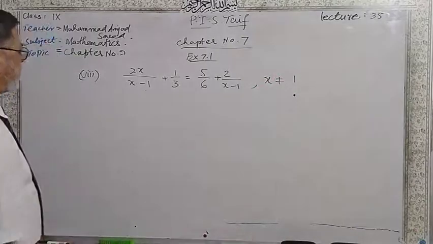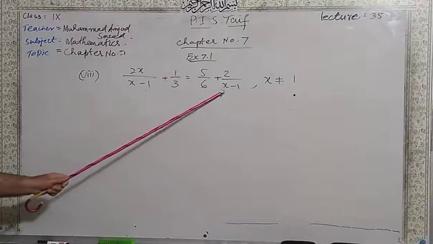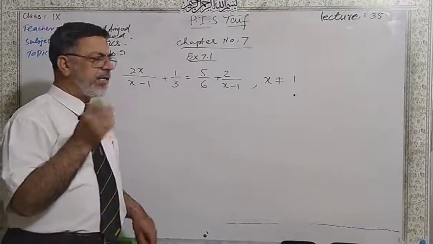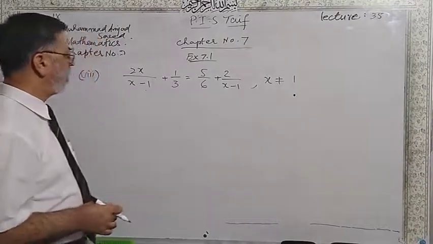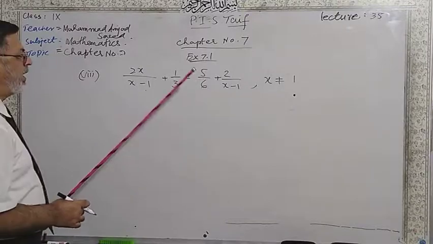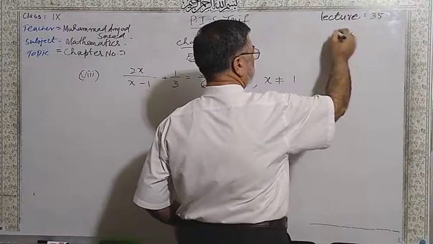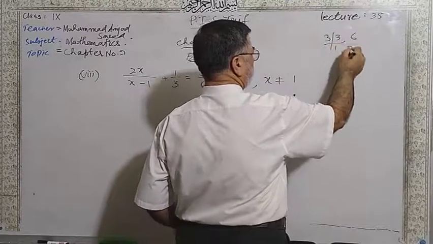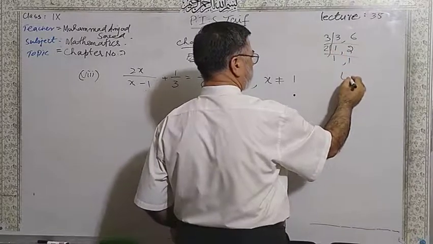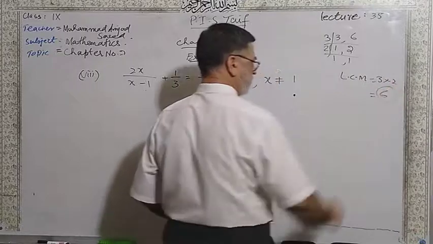Dear students, you can check x minus 1 and x minus 1 are same. You will take 1 for the LCM. Out of these two, you will take 1, x minus 1, and then 3 and 6. So what is LCM here? 3 into 2, that is 6.